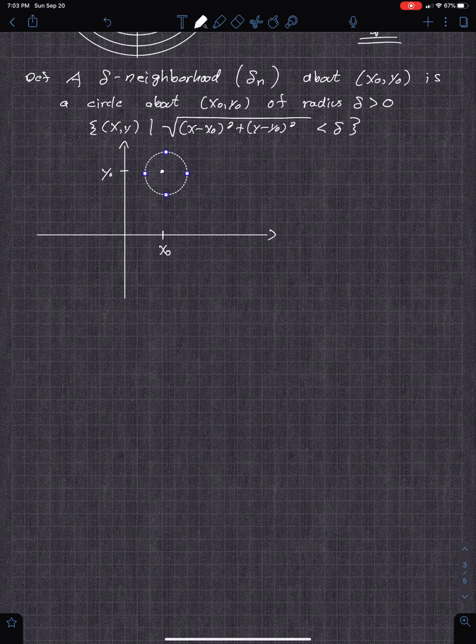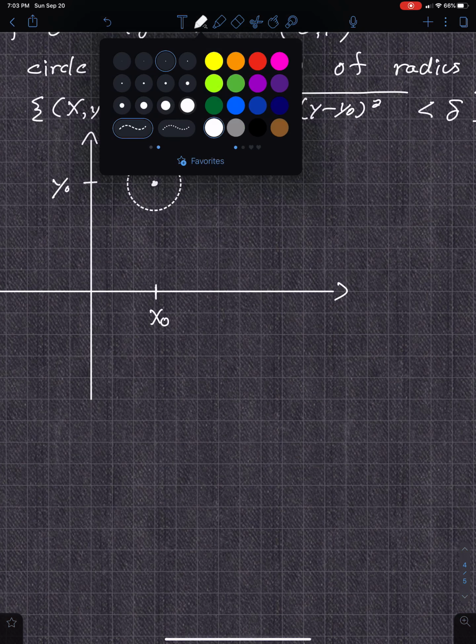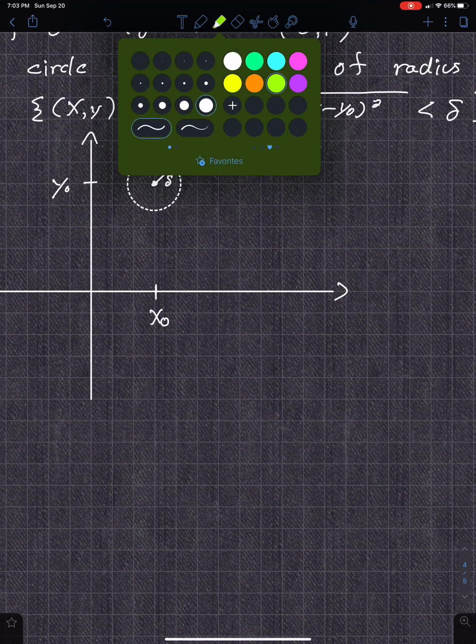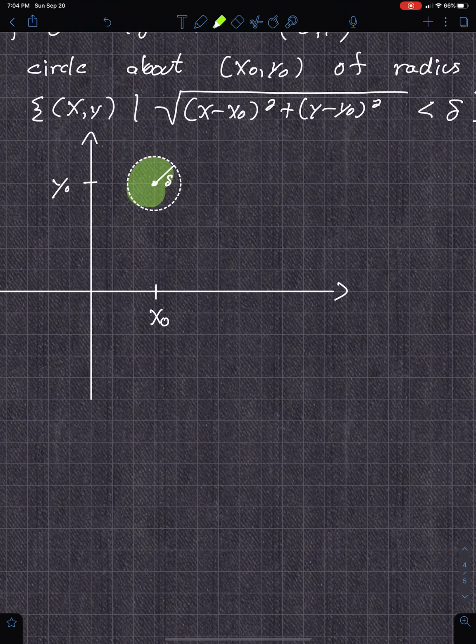Okay, so there's your circle, although think of them maybe smaller, more like that. And there's your radius, there's your delta. It's referring to all the points inside there. All of those points are what's inside that delta neighborhood.